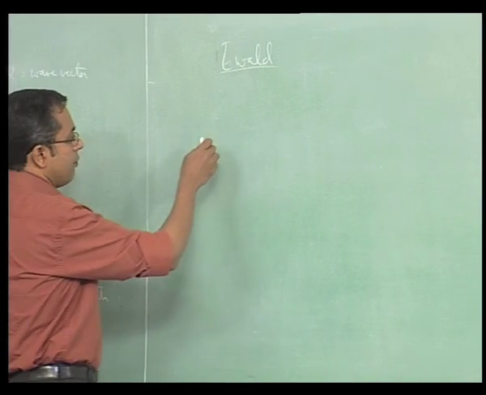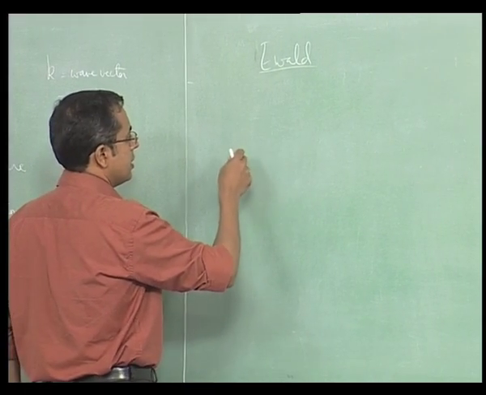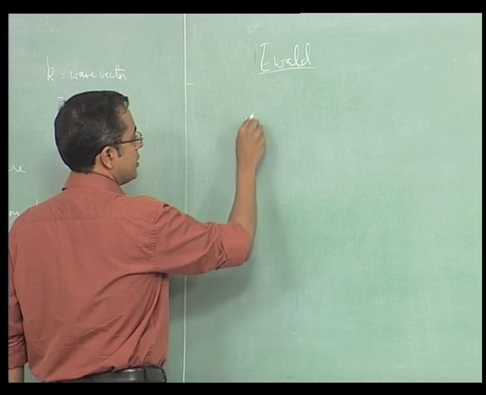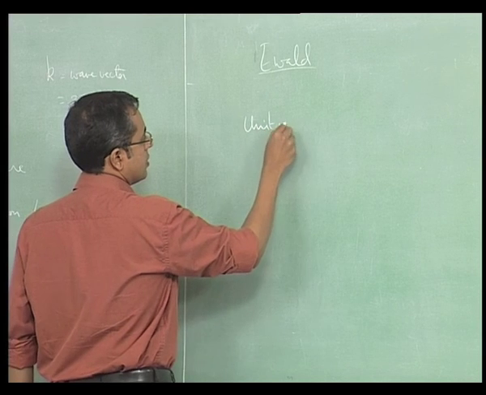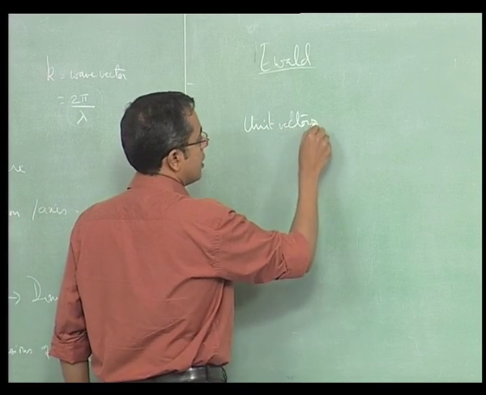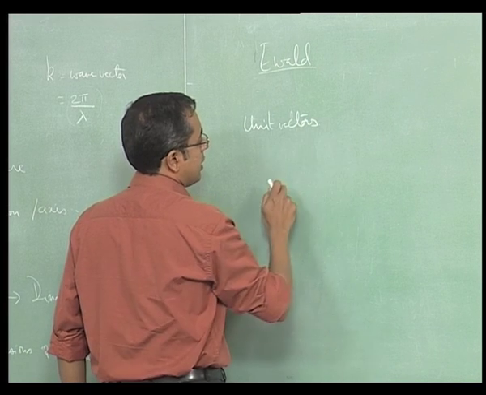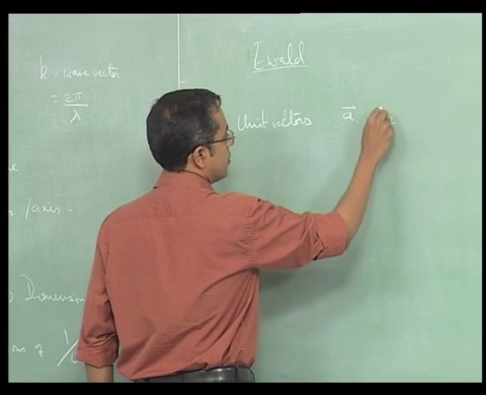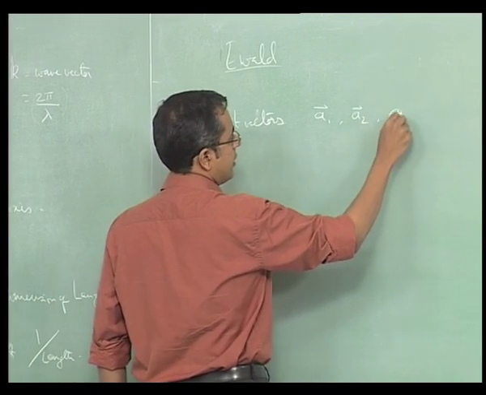So when you look at real lattice, real space, we say that we are usually defining it by unit vectors, and typically we would use the notation A1, A2 and A3.